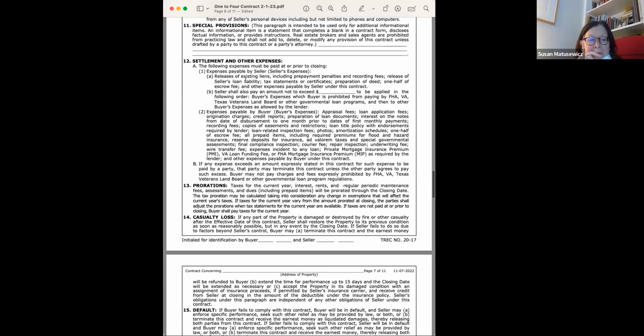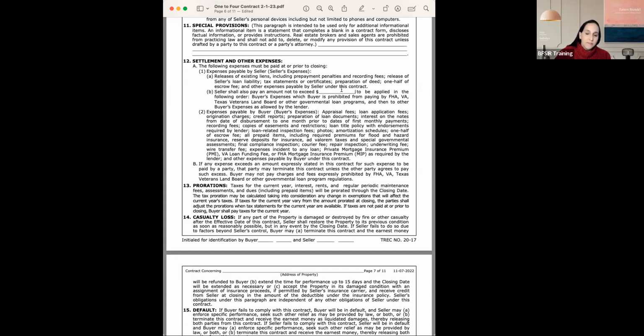Okay. So settlement and other expenses, there's no changes here. This says, what's the seller going to pay for? This is our famous 12A1B, where if the seller is providing a closing cost credit to the buyer, like maybe in lieu of repairs, you can put that number in there. Please, please, please don't put a number in there without talking to the buyer's lender first. There is a maximum amount that buyers can get back in credit. And so your lender would be able to calculate specifically, basically to the penny, what that number is.